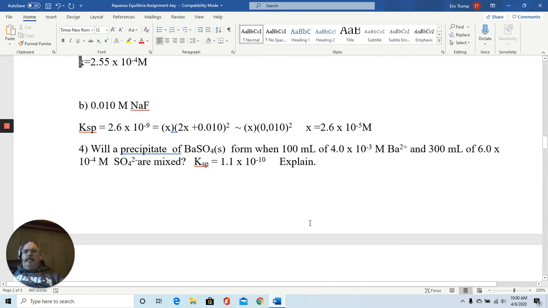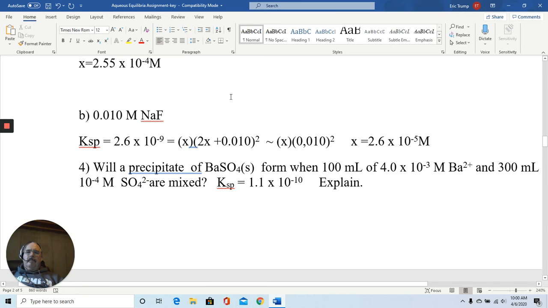All right, part B, we do the same way. Without the added fluoride, this would be X times 2X quantity squared. So this is the concentration from the added fluoride, from the sodium fluoride.